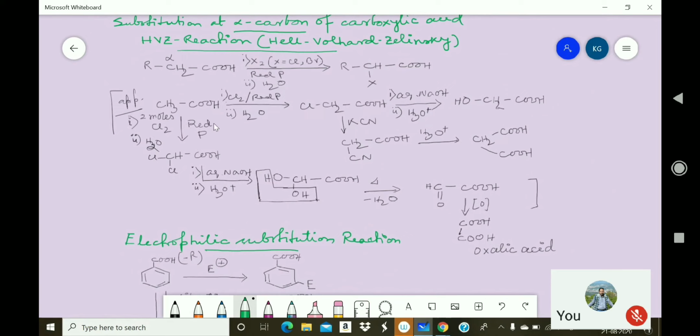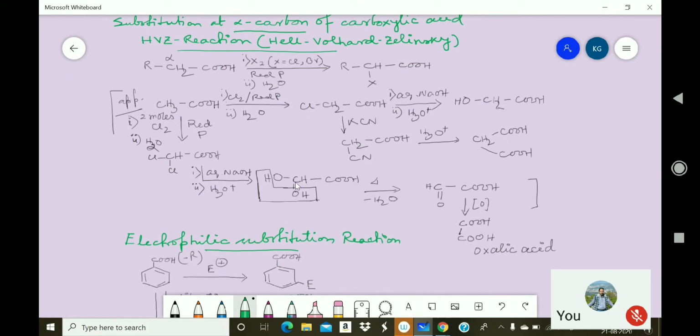Another way: if we do the substitution at the alpha position of acetic acid, the alpha hydrogens are substituted with halogen. Two moles of halogen come in here. These halogens can be substituted with OH groups when treated with aqueous alkali, followed by acidification, giving rise to an intermediate product.